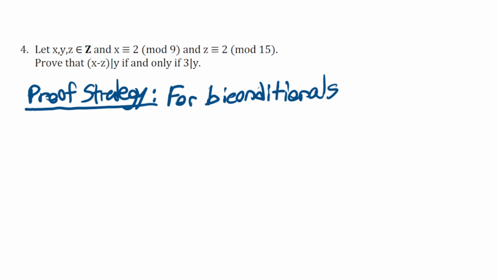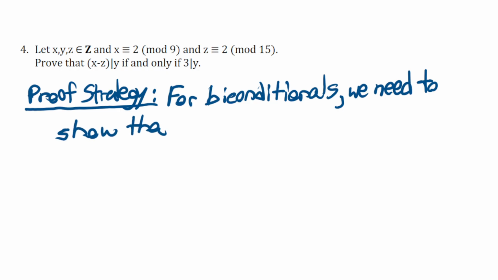Biconditionals. If you remember from a truth table, biconditionals were only true when both statements were true.